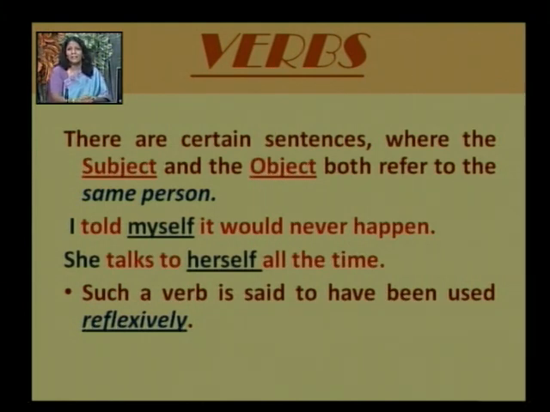You can see the underlined words. I told myself it would never happen. She talks to herself all the time. Now here you can see the subject itself is the object, and that is what I'm going to start with.